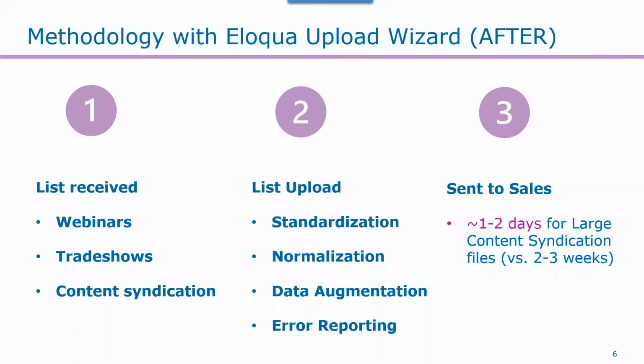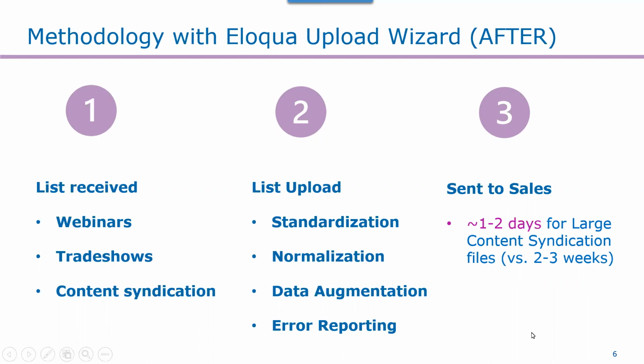The upload wizard takes care of all formatting, normalizing, and there's one list upload. So the marketing qualified leads and nurture all happen within one upload. There's no longer a need to separate out my different uploads for external activities, nurture. It's all one upload and it's seamless.